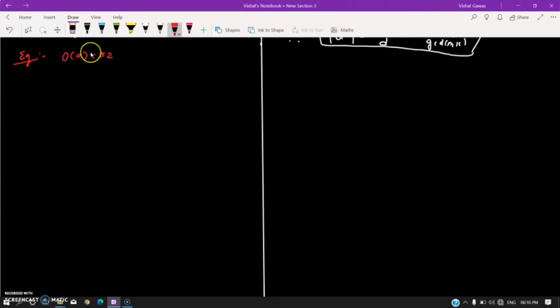Then this will generate a group of order 32, right? It will be A, A squared, and so on, up till A raised to 29, A raised to 30, and A raised to 31. A group of order 32. Then find the subgroups.